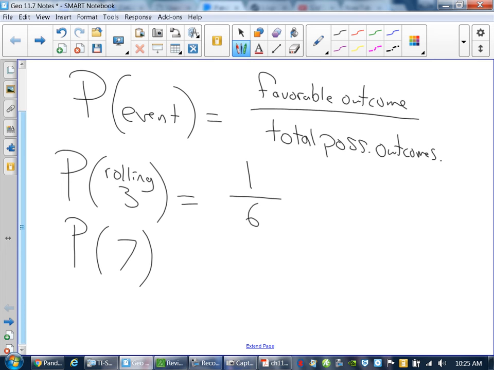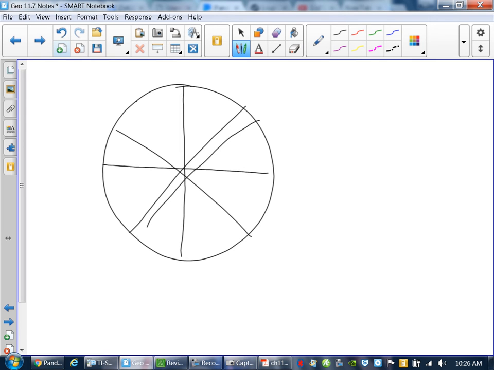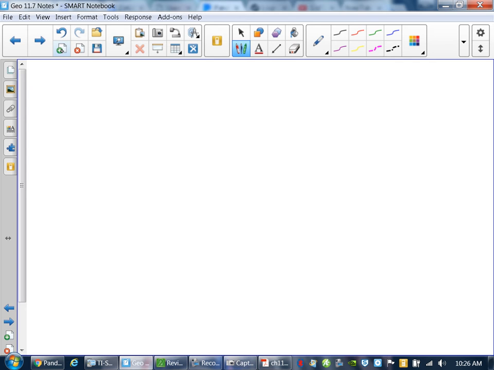You ever seen a roulette wheel? A roulette wheel is a bunch of sectors. It's kind of the same basic principle as Wheel of Fortune, but when you're dealing with roulette, you have even and odd numbers, 1 through, I want to say 36.